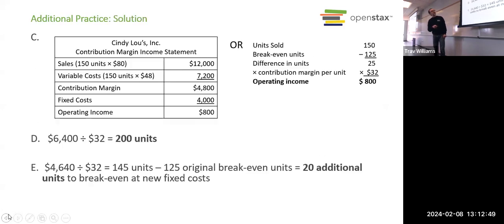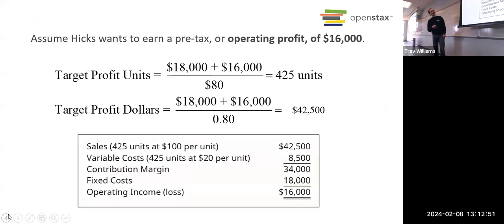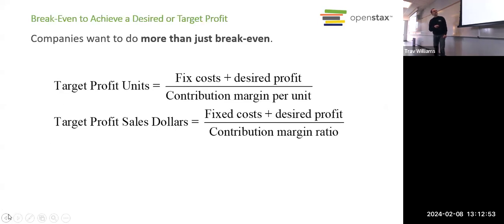Okay, more examples. Oh yeah, target profit. All we need to do when we have a target profit is just add that amount to your fixed costs. And the rest of your calculations are the same, right? So if you're trying to reach a certain target or desired profit, add that amount to your fixed costs, and then divide it by your contribution margin per unit to know how many units you need to sell to reach that point, right?